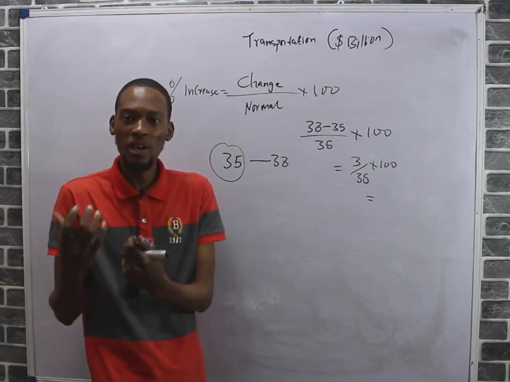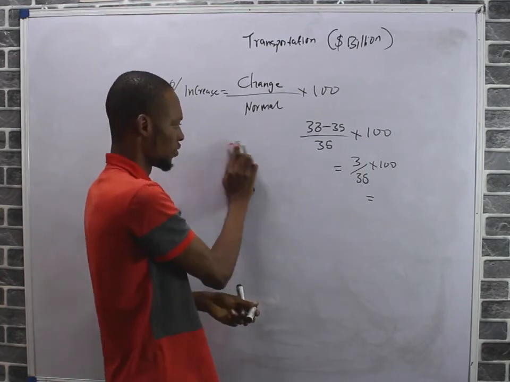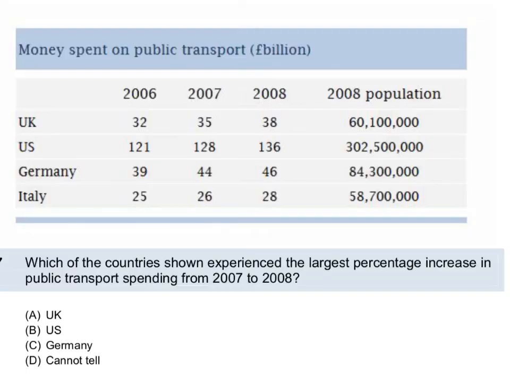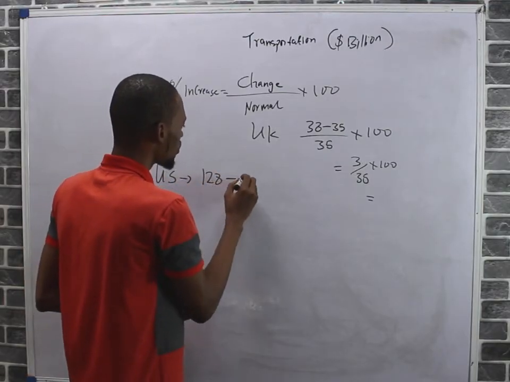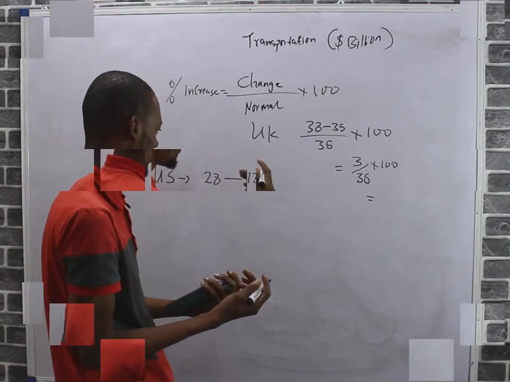Similarly, for US, we are spending 128 billion per year. In 2008, they upgraded to 136 billion. So 128 to 136 billion.